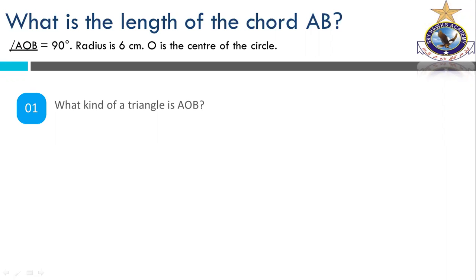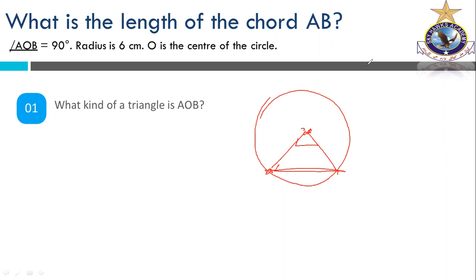If we have a circle, there is a center, there is a 90-degree angle, and we are looking for this length. From here we can say that at least these two sides are equal, because these are the radii of the same circle. This is the radius, this is the radius.